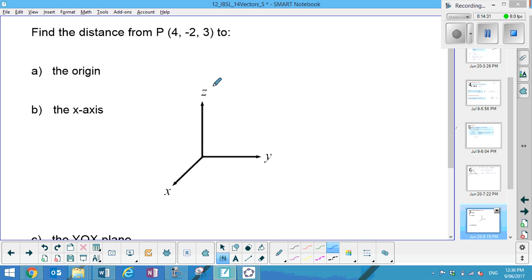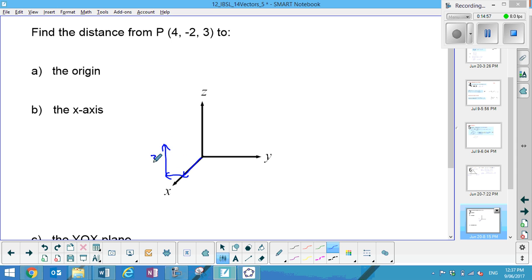This one here, if we want to find the distance of a point from the origin and to the x-axis. So think about where that point is. If we come out, say, 4 out this way, minus 2 in the y, and up 3, it's just a rough one.